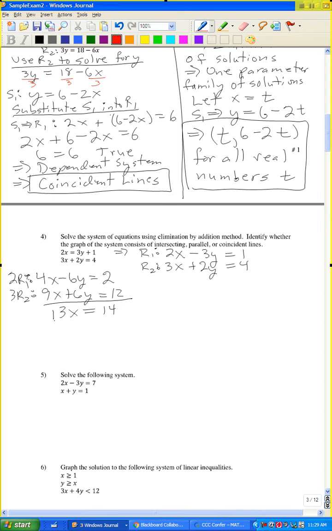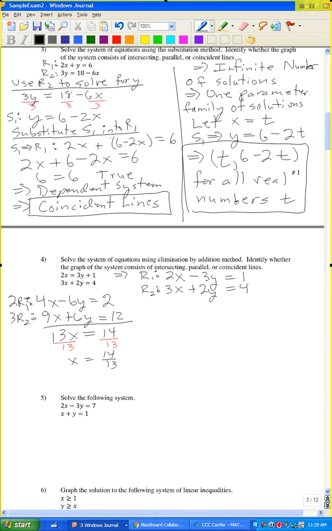Divide both sides of my equation by 13. And so x is equal to 14 over 13. It really doesn't matter what equation I plug into. Maybe I'll plug into the second equation. So let's plug into R2. And so 3x plus 2y equals 4.